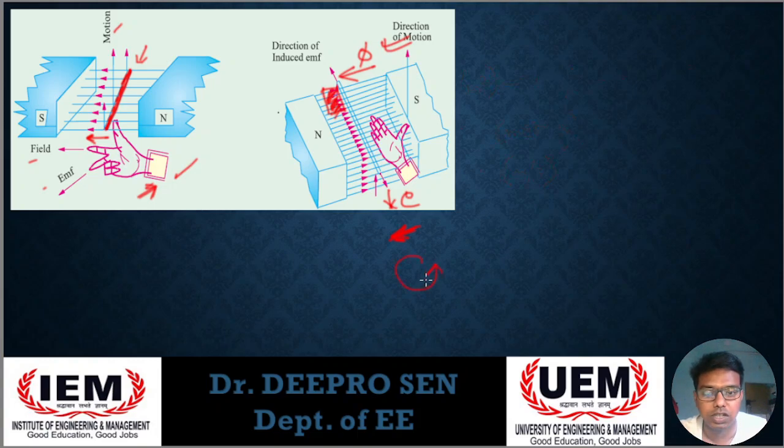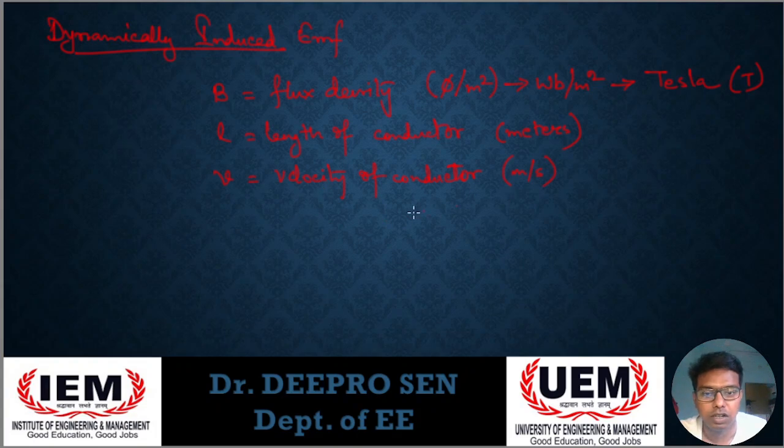Okay, in both cases, the velocity of the conductor can be further written as dx by dt, where x is the displacement of the conductor in meters.